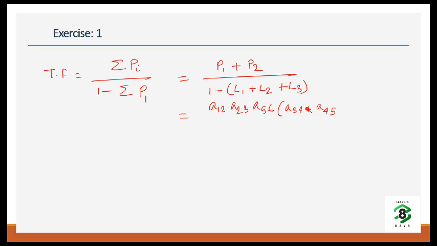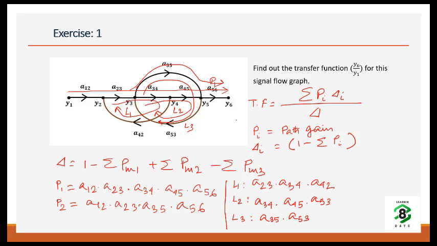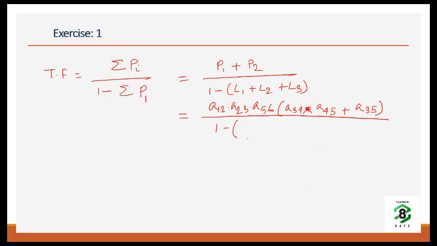Sorry, this is multiplication. And the denominator is 1 minus (a23 a34 a42 plus a34 a45 a53 plus a35 a53). So this is the transfer function for the given system.